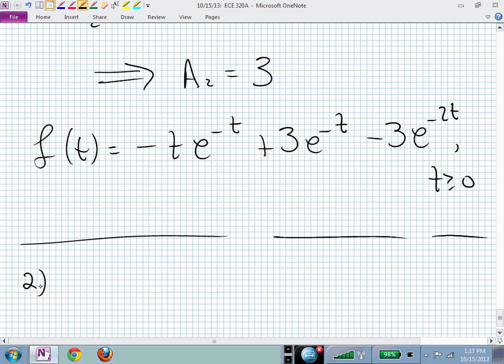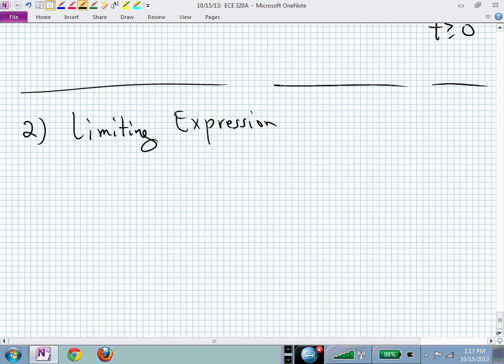Here's another way, and I'm going to call it the limiting expression. I'm assuming you're familiar with limits, or you're comfortable with performing these limiting arguments. The first thing we want to do is multiply both sides of our partial fraction expansion formula by s.